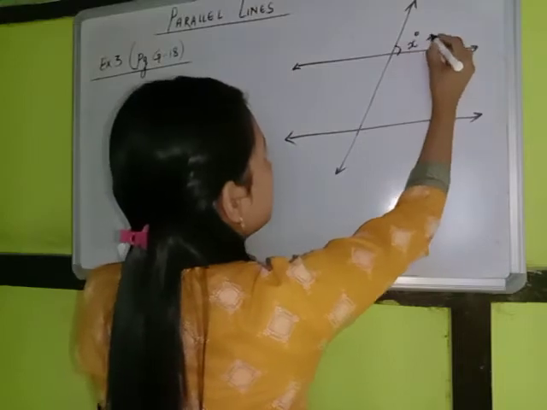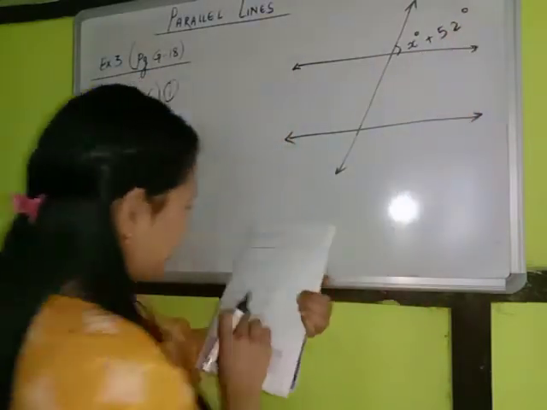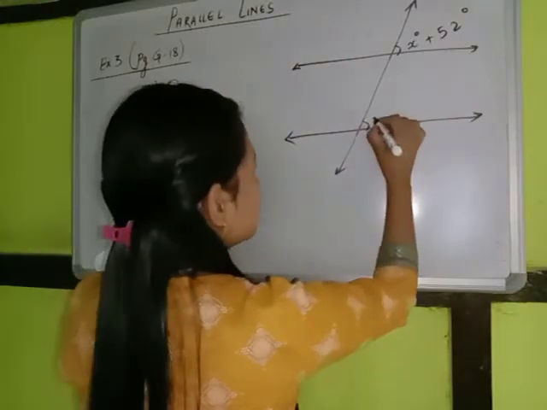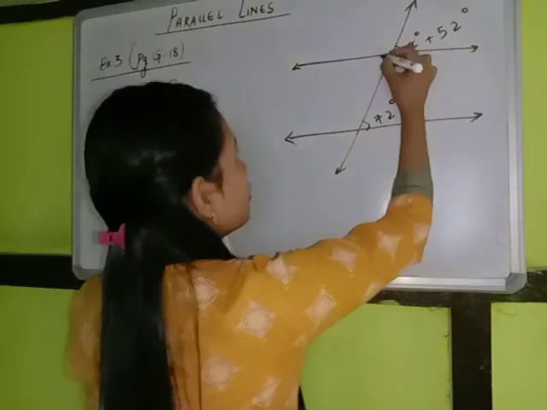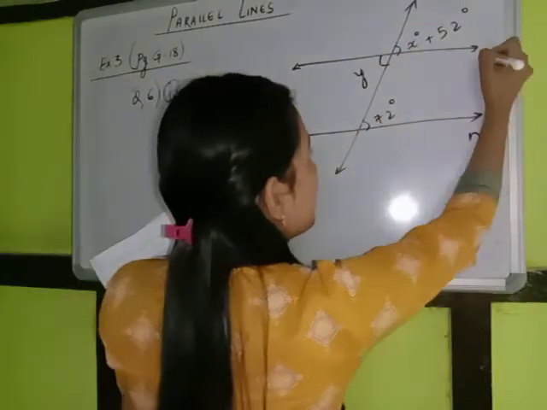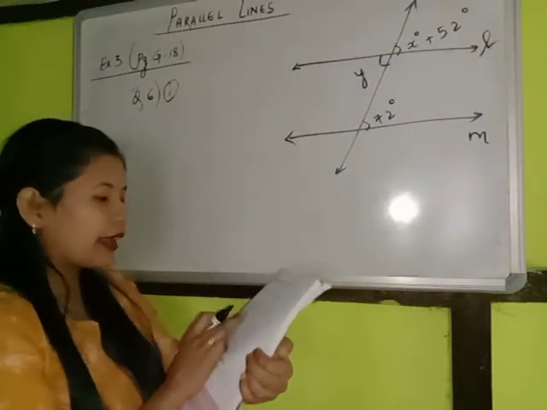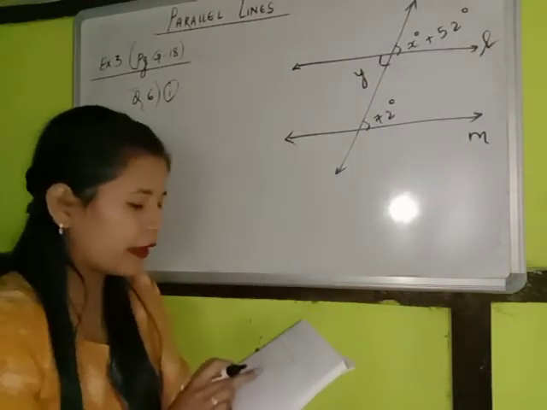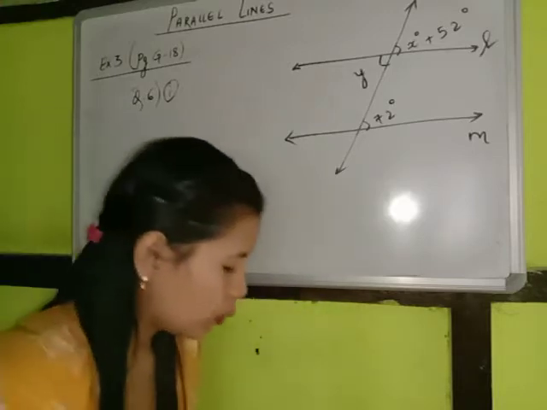This is x degrees plus 52 degrees, and this is 72 degrees, and this is y, and this line is m and this line is L. In each case find x and y, where L is parallel to m. So I need to find the values of x and y.